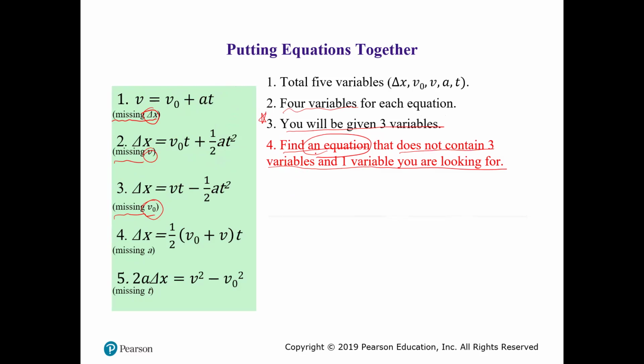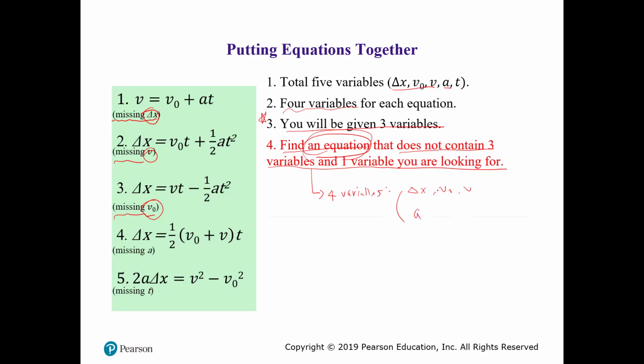So now let's assume you have an equation consisting of four variables, right? And three of them are known values, let's say delta x, v0, and v in the first three. And the one that you don't know or you're looking for is a.